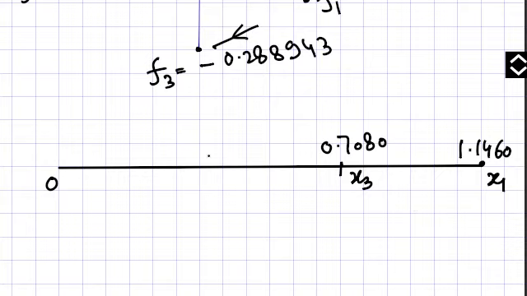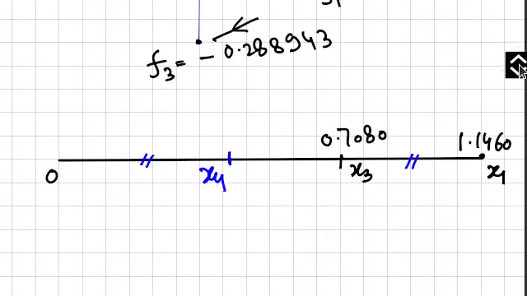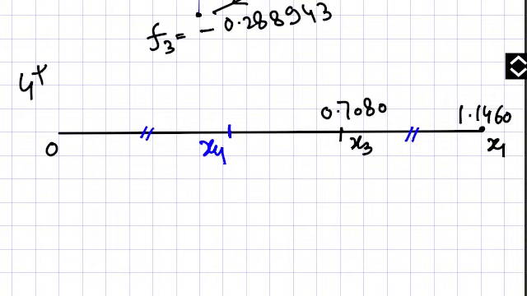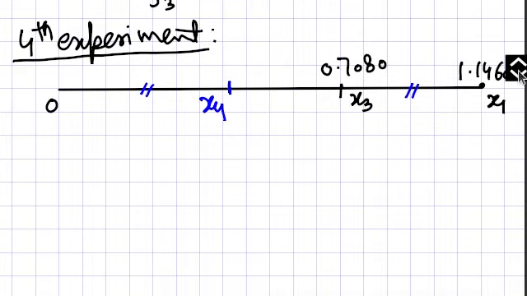So now you can guess that we have to put a new point x4 here. And how will this point be decided? It will be taken at the same distance on this side also. So it's very easy, and this is called the fourth experiment, or fourth calculation, you can say, if you have some doubt about the meaning of experiment here: calculation or iterations.